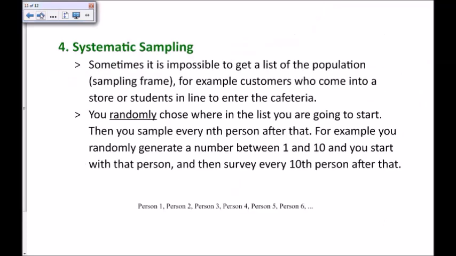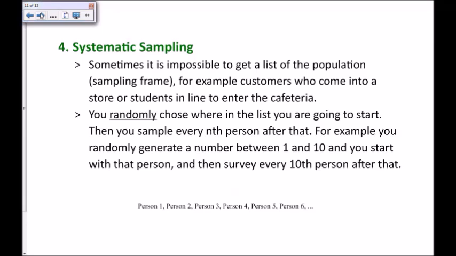Okay, the fourth sampling method is a systematic sample. Sometimes we don't have a list of the entire population. We don't know who they will be, but we know that they will be somehow in a line at some point, or we can line them up some way. For example, customers who come into a store.